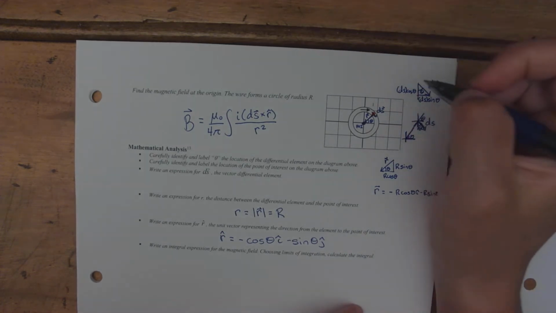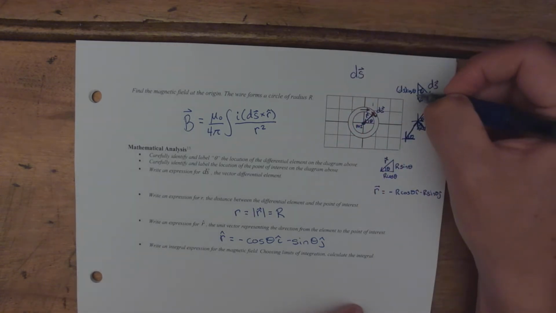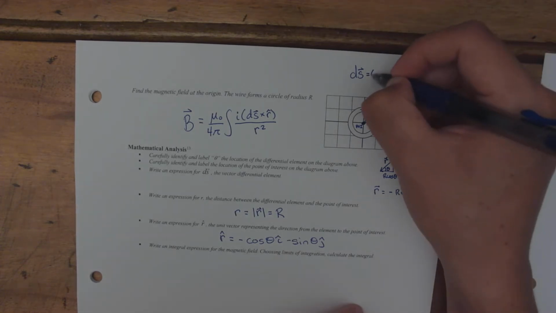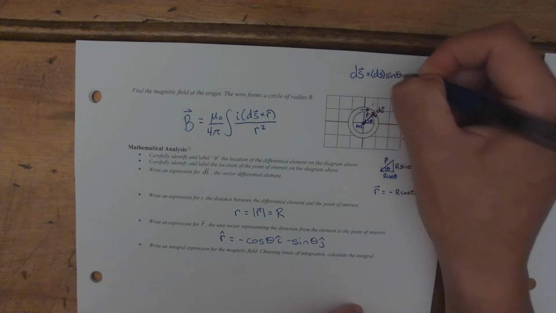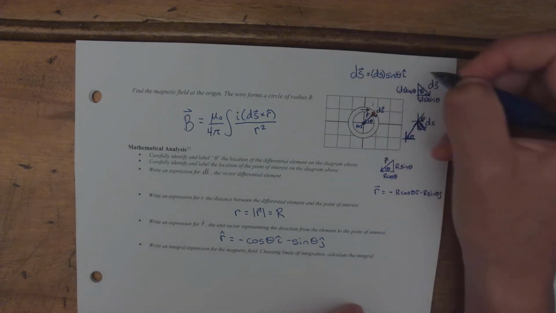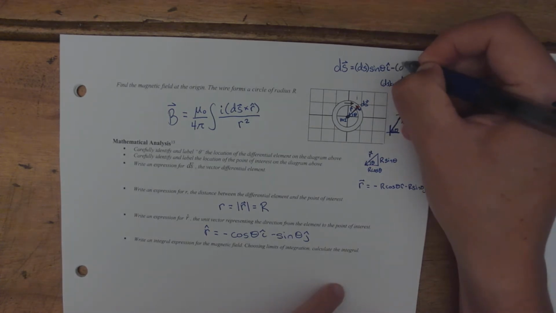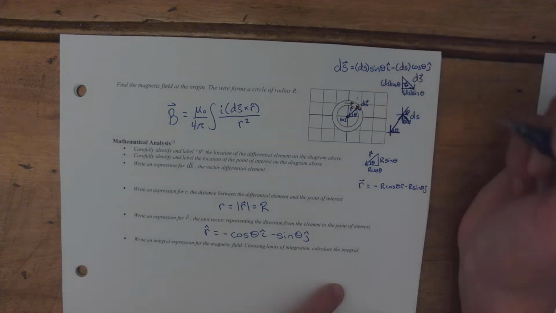And then to write this vector, we're going down and to the right. So the x component is ds sine theta, that's going in the positive x direction. And then we're going down, so that's minus ds cosine theta j hat.